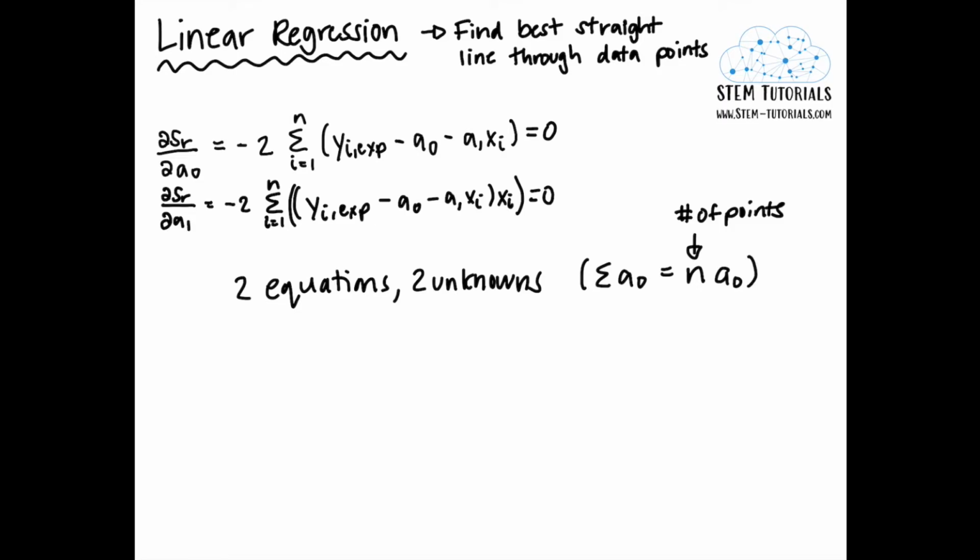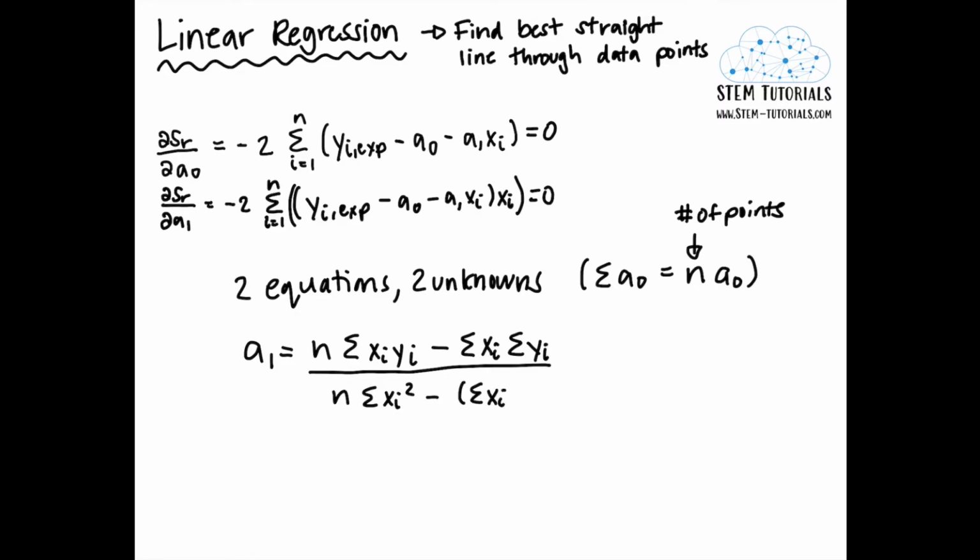Anyway, so when you rearrange this, what you'll get is that your coefficient a1 will equal your number of points, n, times the sum of your xi times yi values, minus the sum of your xi times the sum of your yi values, divided by your total number of data points times the sum of xi squared, minus, and here we take the sum of xi first and then we square the whole thing.